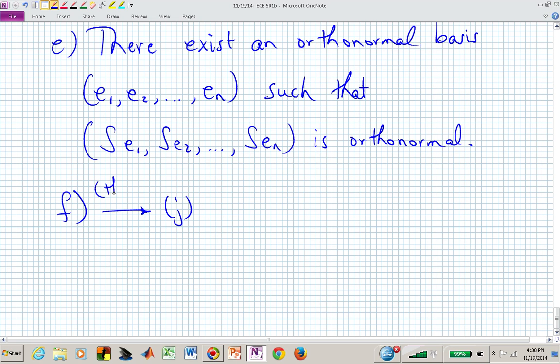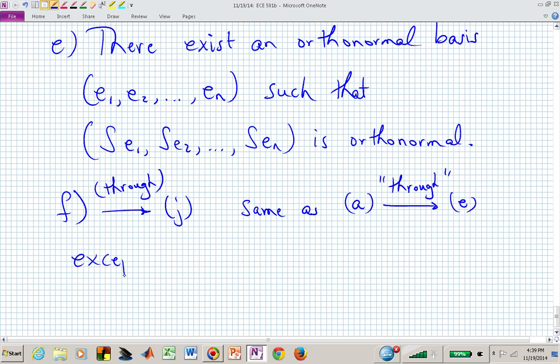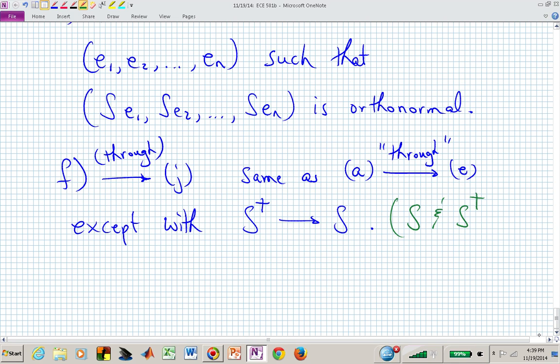So statements F through J are the same as statements A through E above, except in statements F through J, we have the adjoint of S replacing the original map S. Or you could think of this as S and its adjoint, S dagger, being interchanged in statements F through J. And all of those are equivalent.